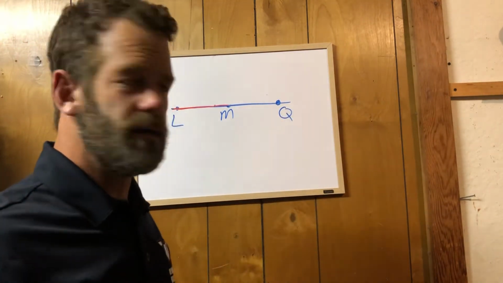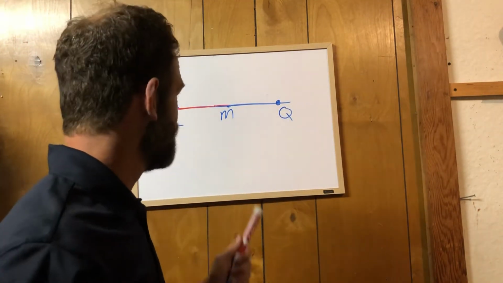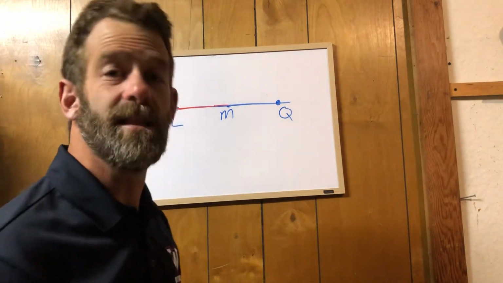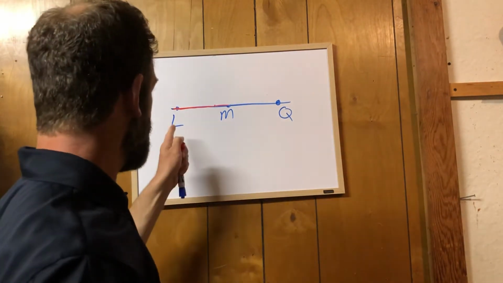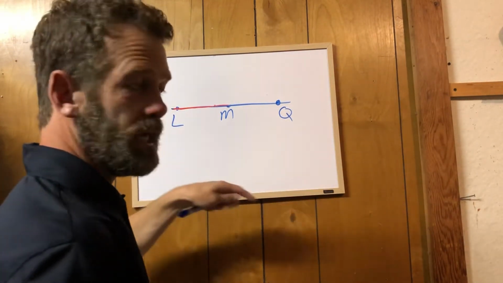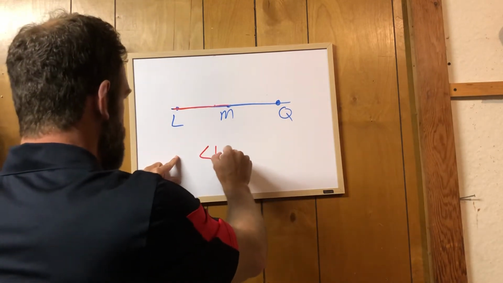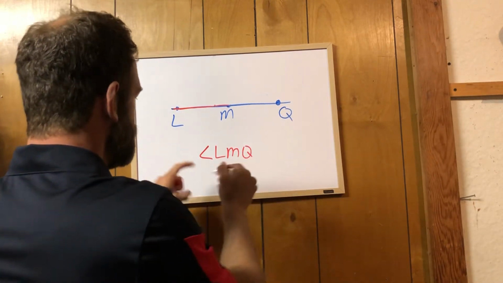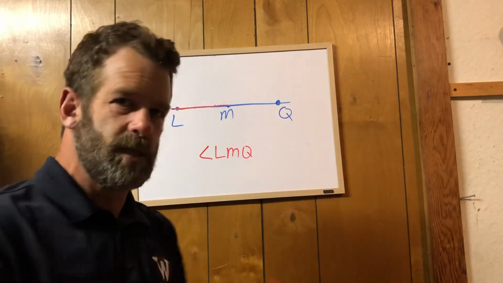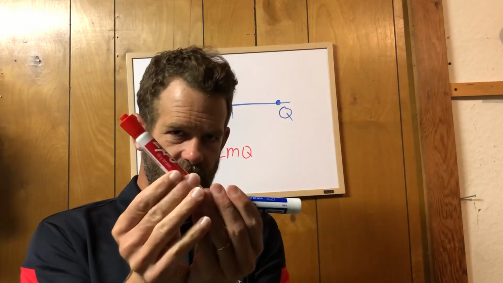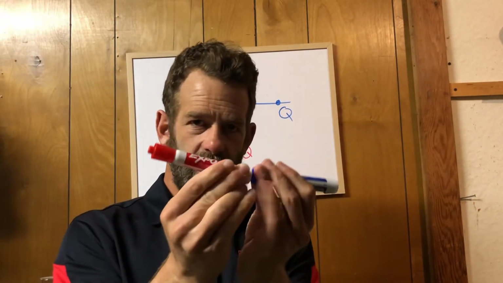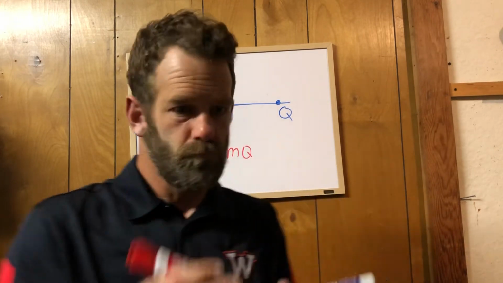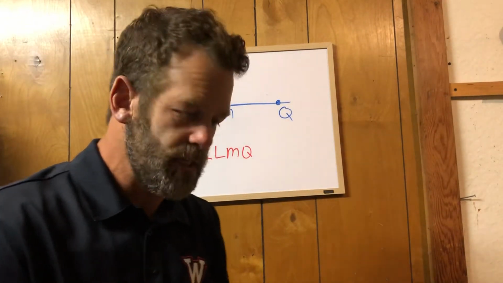Some of you guys might be going like, hey, you're tripping, that's not an angle. It is. A straight line is actually an angle. Angle LMQ, and you would just label it like this. Normally angles look like some type of two rays going off, but an angle could be, boom, a straight line. Still an angle because it still has degrees in it.